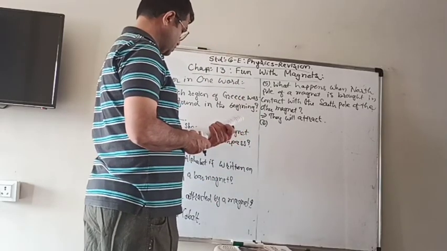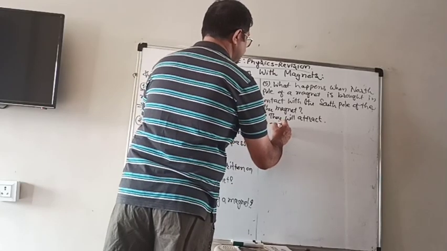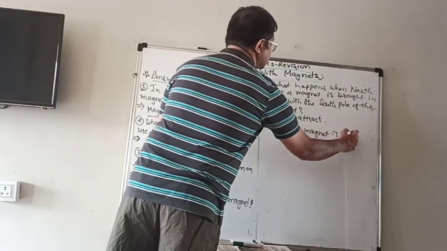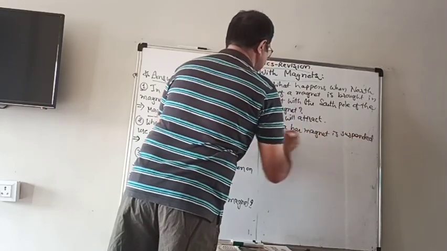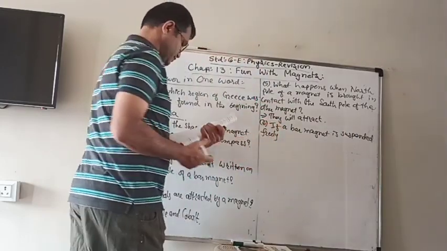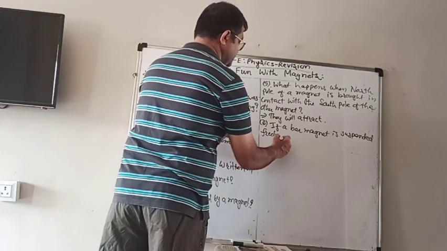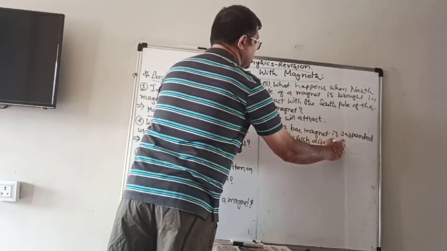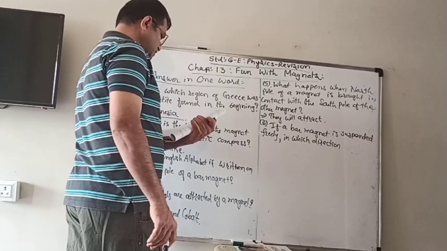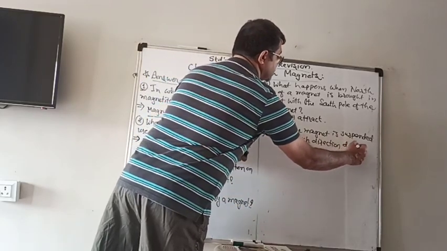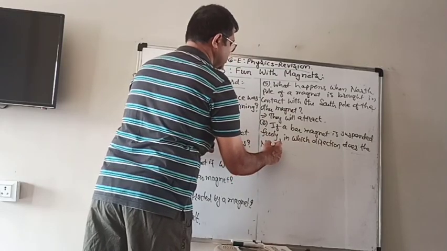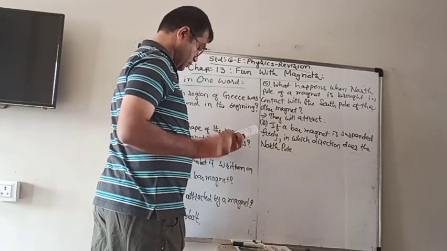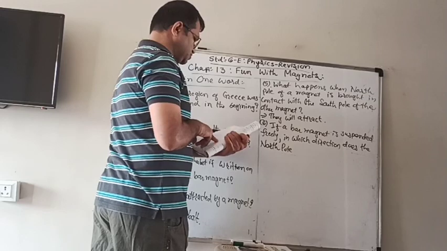Number 6. If a bar magnet is suspended freely, in which direction does the north pole come to rest?